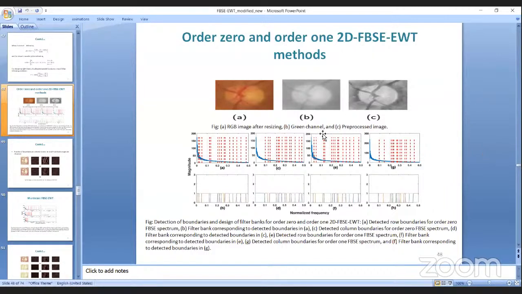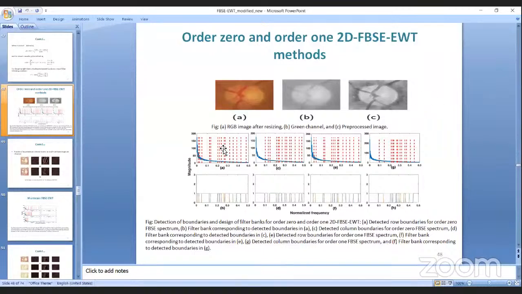Here you can see the RGB image, and after that the green channel, which is the enhanced, pre-processed version. Sometimes you have unwanted components present in the image, and with the help of pre-processing you can remove them and enhance the image for further processing.